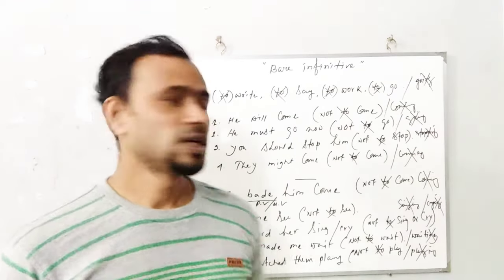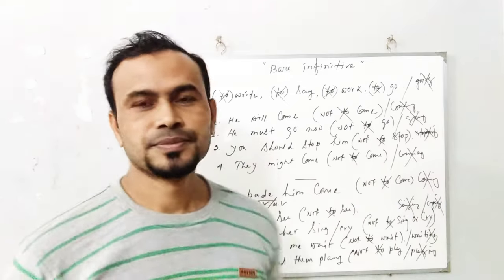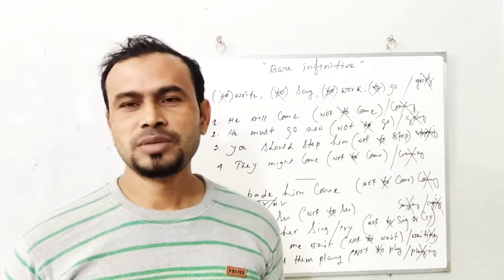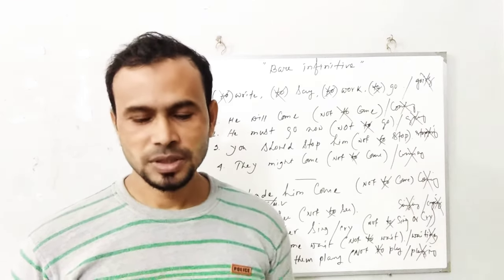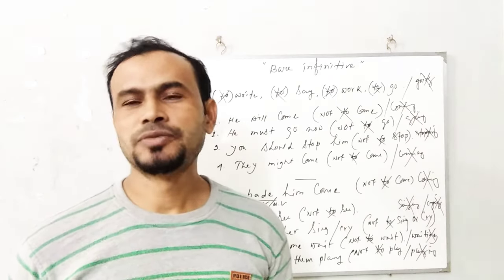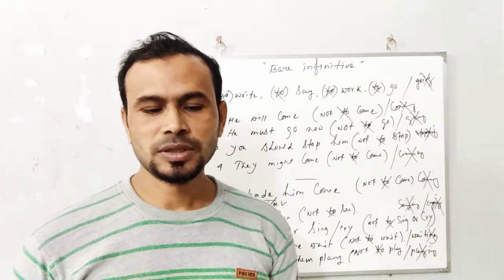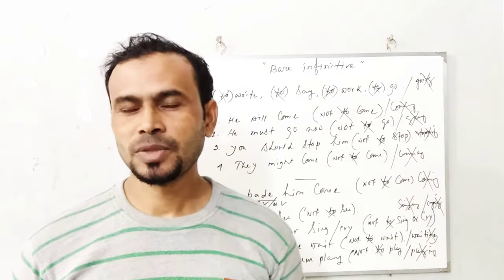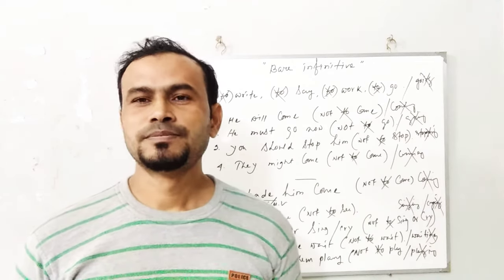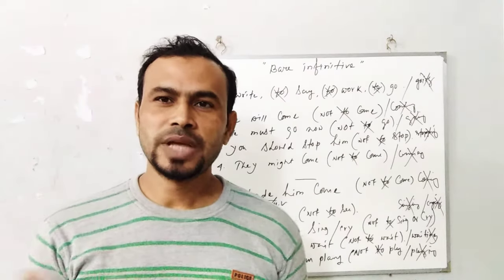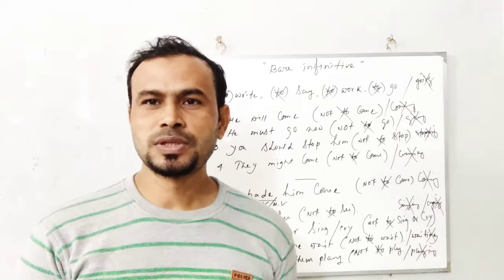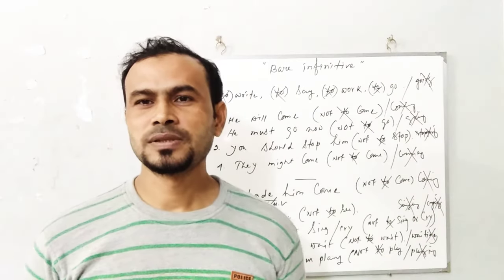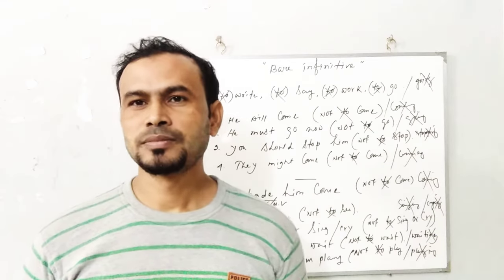I'd like to define bare infinitive. In grammar, the bare infinitive means the infinitive form of a verb without the word "to". Those kinds of verbs are used in our daily sentences without "to".